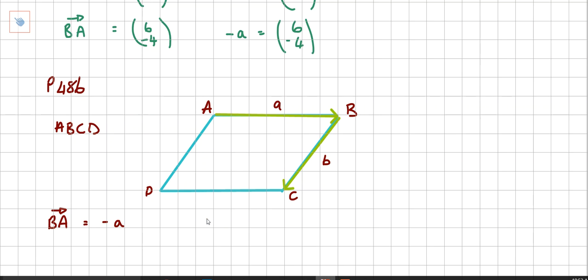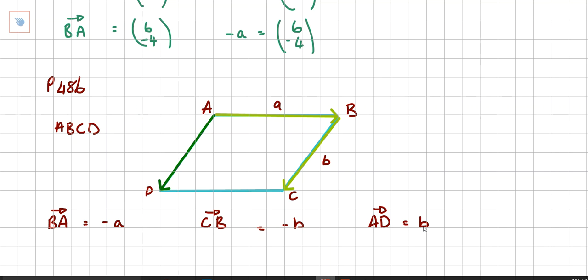C to B is just negative B. Right. A to D. A to D is something that is not labelled at the moment, but it would be doing that. Isn't that just B?